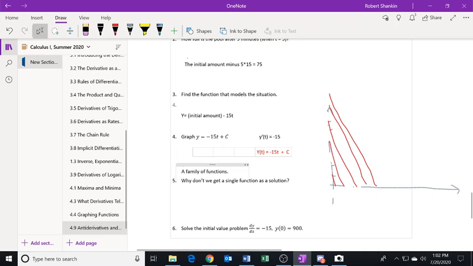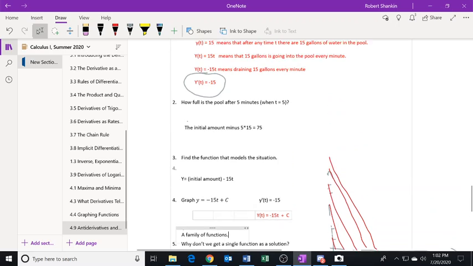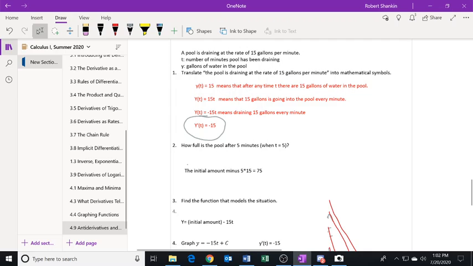Later, we might be given more information and say, hey, the pool started out with 500 gallons of water in it. Then, out of all that family of functions, we just pick the one that has a y-intercept of 500. And then we get it. It's called an initial condition.